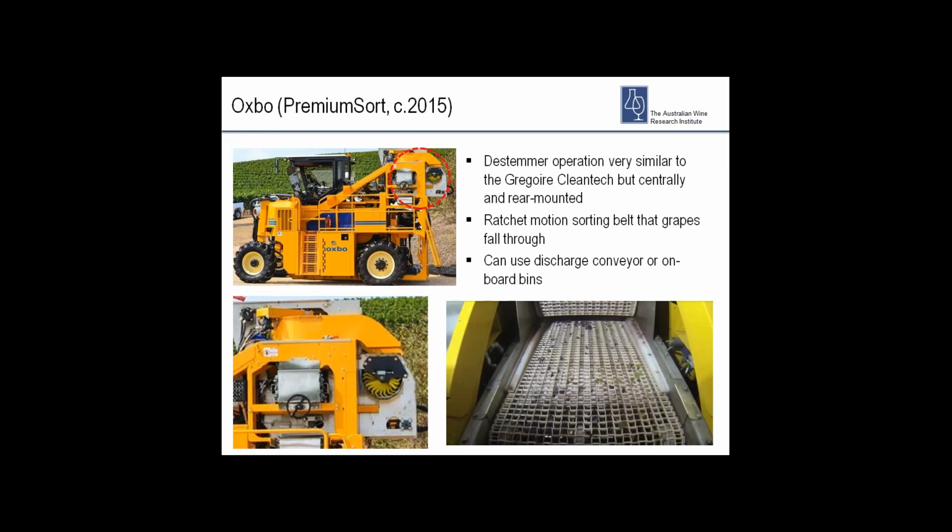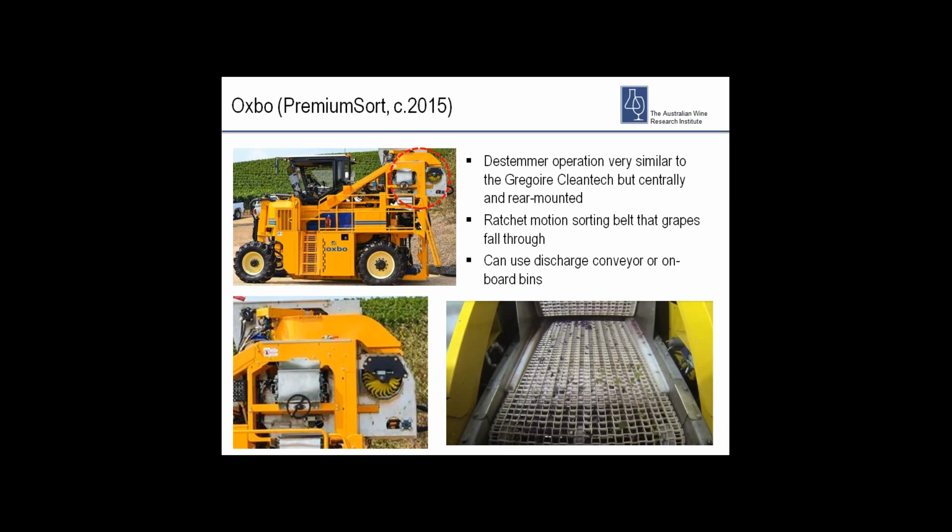Just recently, Oxbo, an American harvester manufacturer, have released a destemming and sorting system for their harvester. The destemmer appears very similar to that on the Gregoire harvesters, except instead of being located over the bins on both sides, it is mounted centrally and at the rear of the harvester. Their sorting system, which I've shown on the bottom right here, is a grid belt that grapes fall through, but some of the petioles and stuff stay on the top of the belt and are conveyed off the belt.